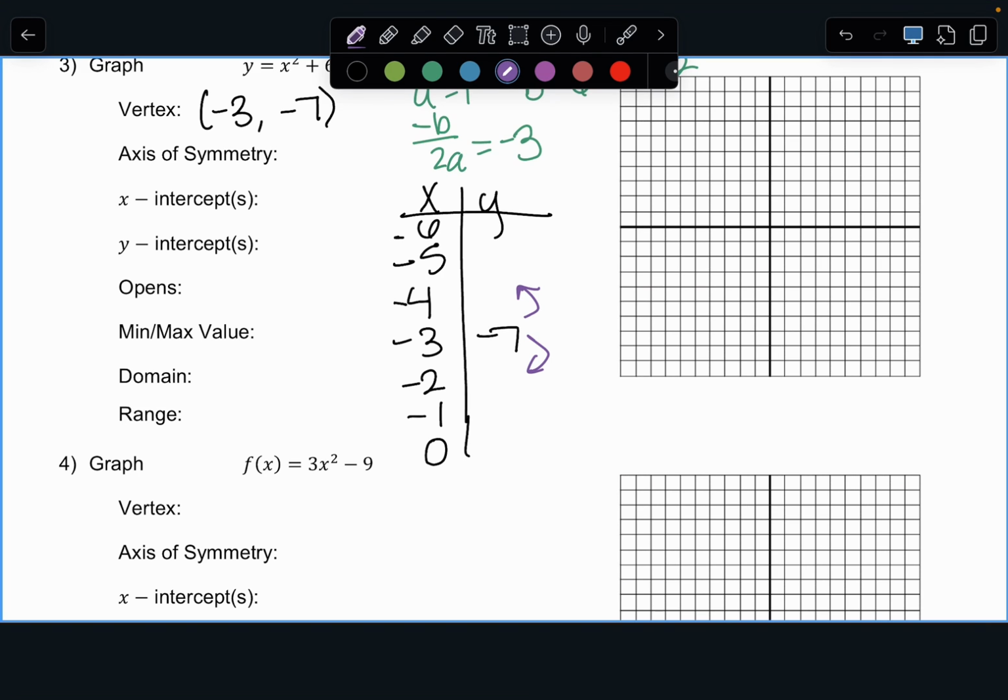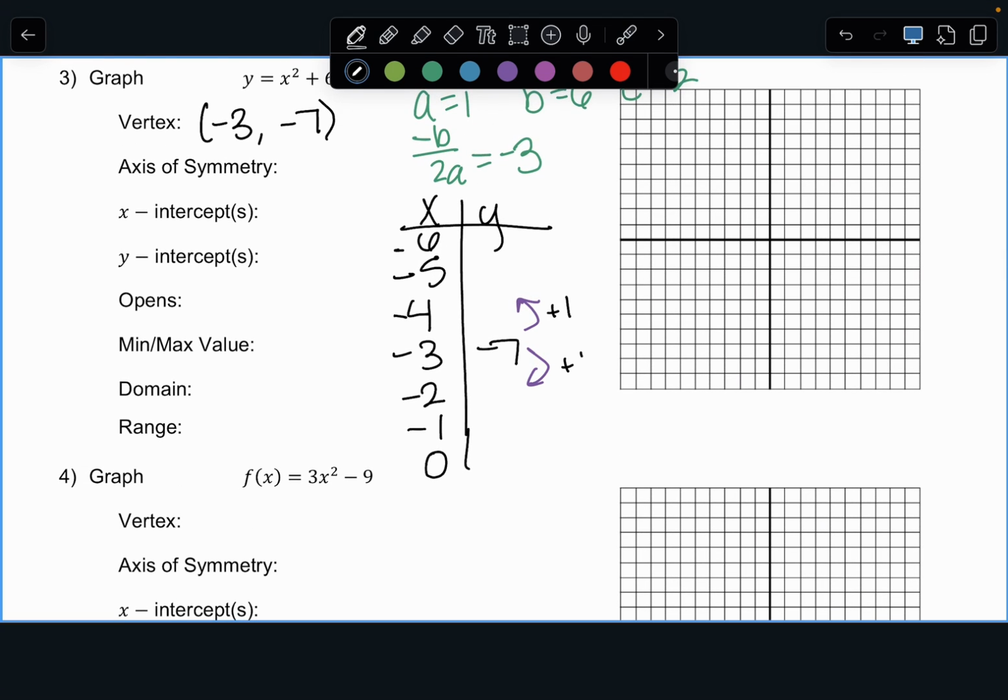Brayden, what'd you get for the y-coordinate for negative 4, if we're using 1, 3, 5, 7? I got negative 4. Negative 4, what's your y? I don't know, I didn't do the table for that one.